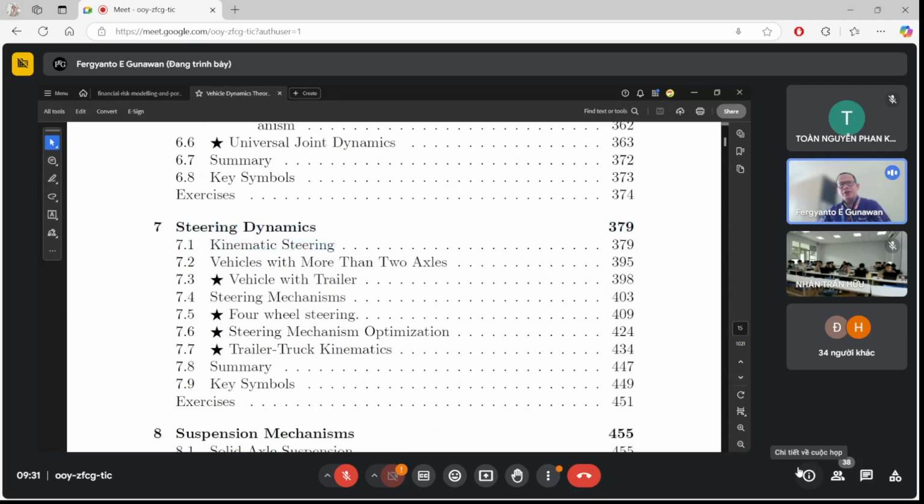After that, we discussed the steering dynamics. In the steering dynamics, we wish to understand the kinematics of steering. Of course, we try to design a kinematic system such that a vehicle can move in a smooth fashion, without slipping at any of the tires.